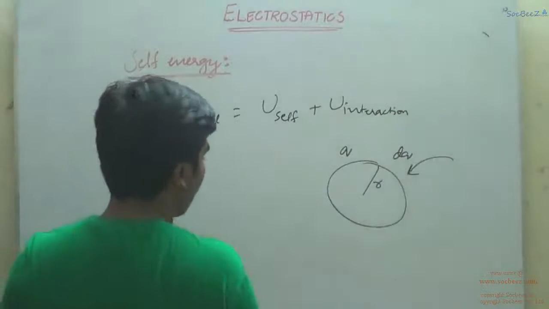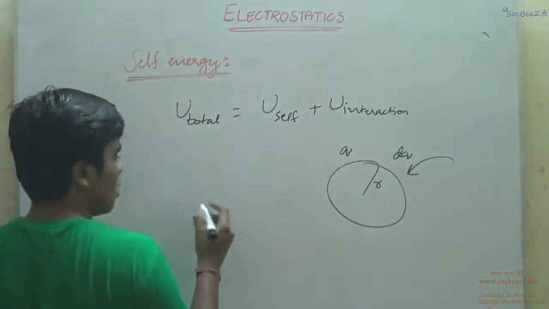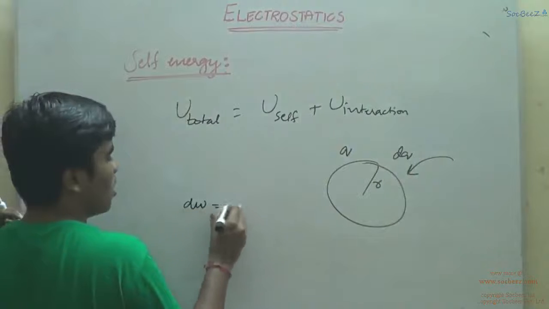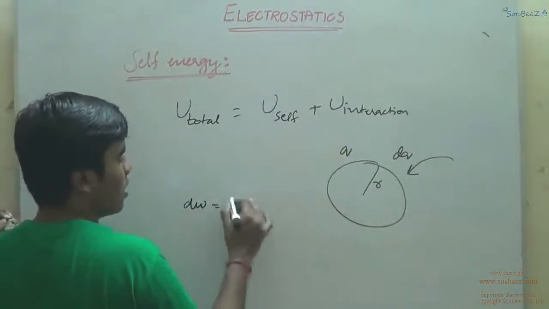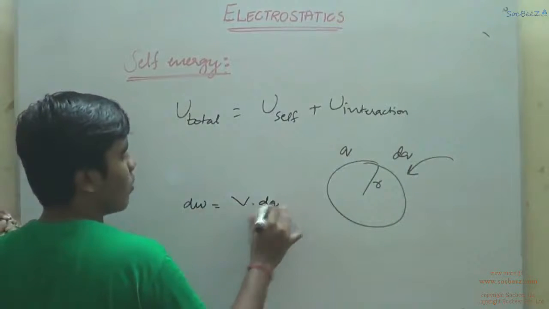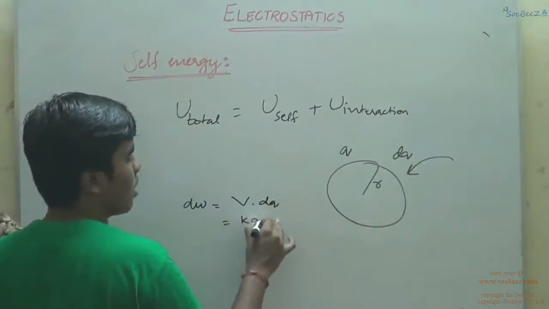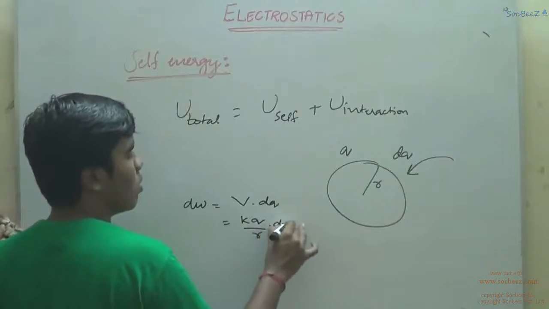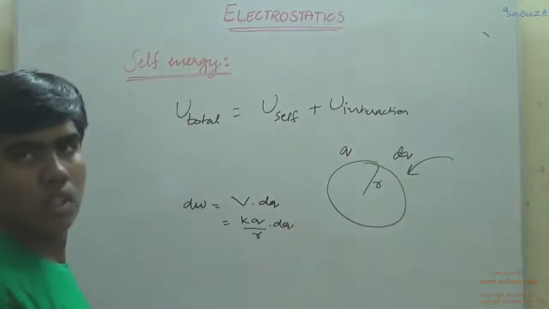So what will be the work done here? dW is equal to the potential right now times dq, right? And what is the potential? Potential is kq by r. Am I right or not?